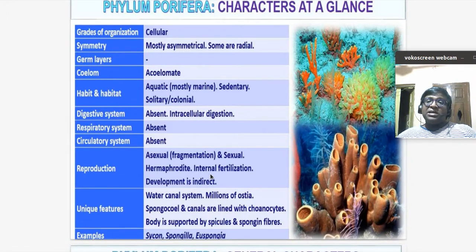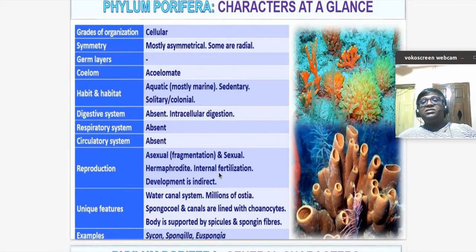The sponges are considered to be hermaphrodites. What do we mean by hermaphrodites? They are bisexual. Since they don't have organs, both male and female gametes are found in the same organism. So we call them hermaphrodites.